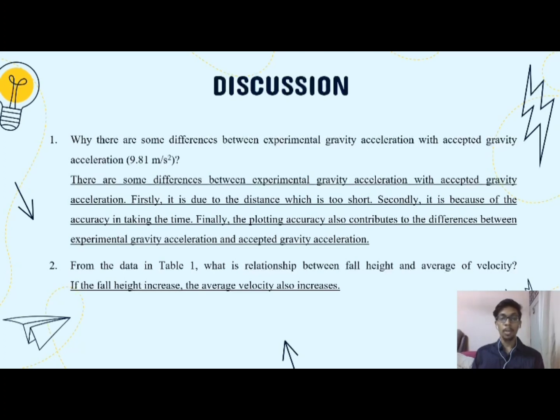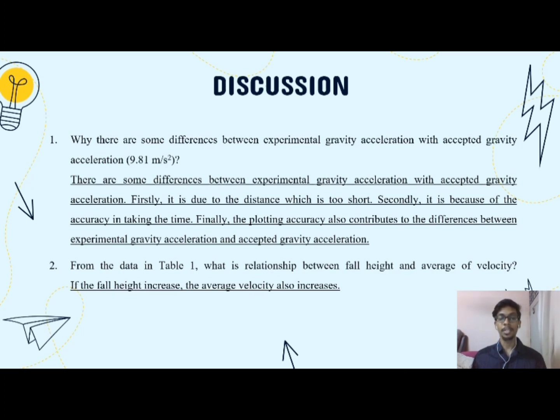So now moving on to discussion. Discussion number 1. Why are there some differences between experimental gravity acceleration and accepted gravity acceleration 9.81 ms square? There are some differences between experimental gravity acceleration and accepted gravity acceleration.